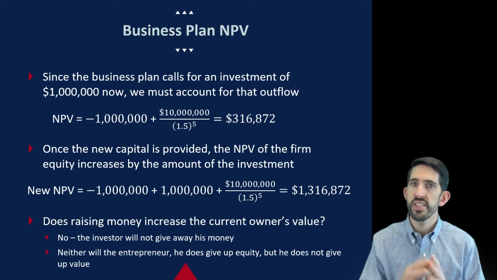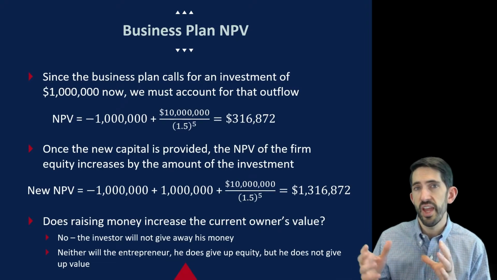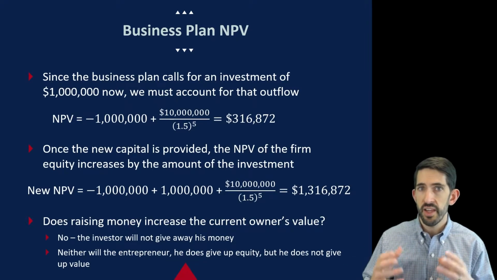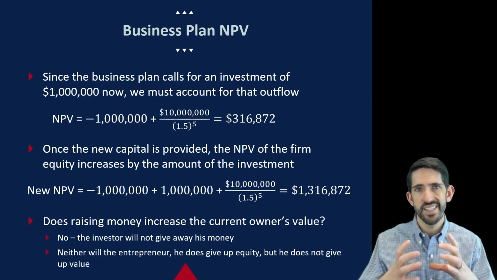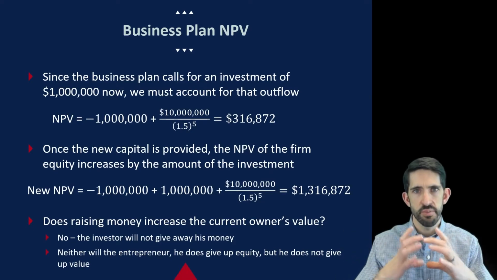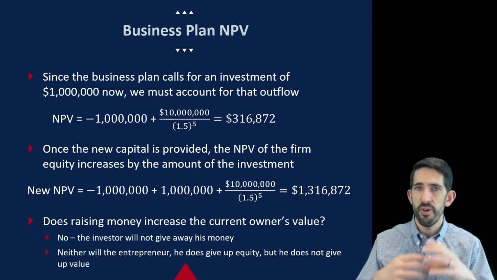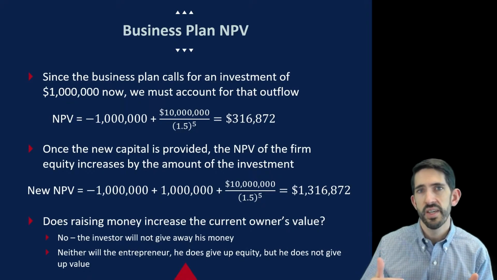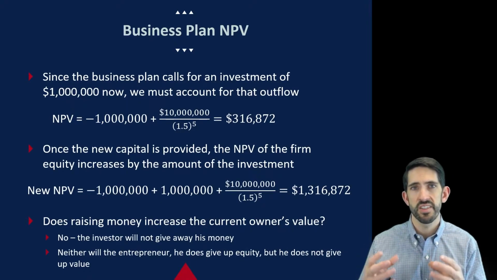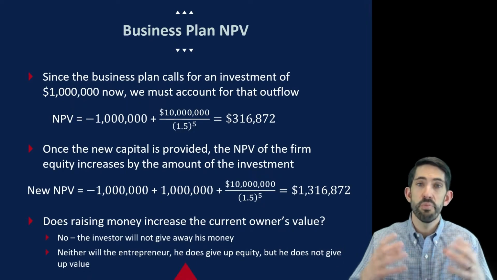When they go out and raise equity, they certainly sell equity in the company, and that company is that new combined entity of that capital plus the business plan, right? They don't give up any value in that process. However, they do now own less equity in that combined company, because they now own part of a bigger company.